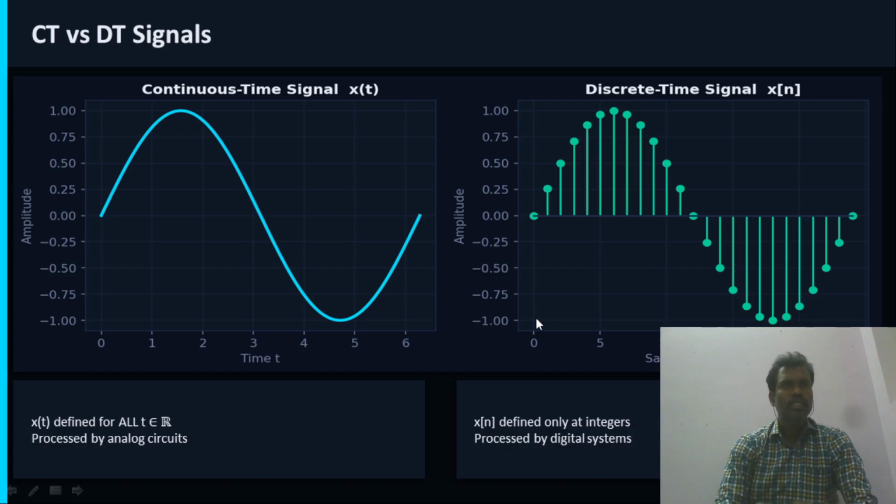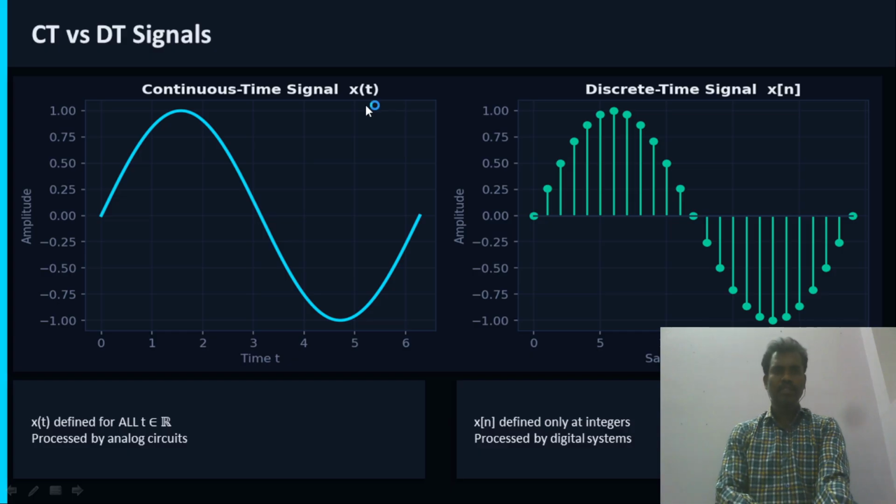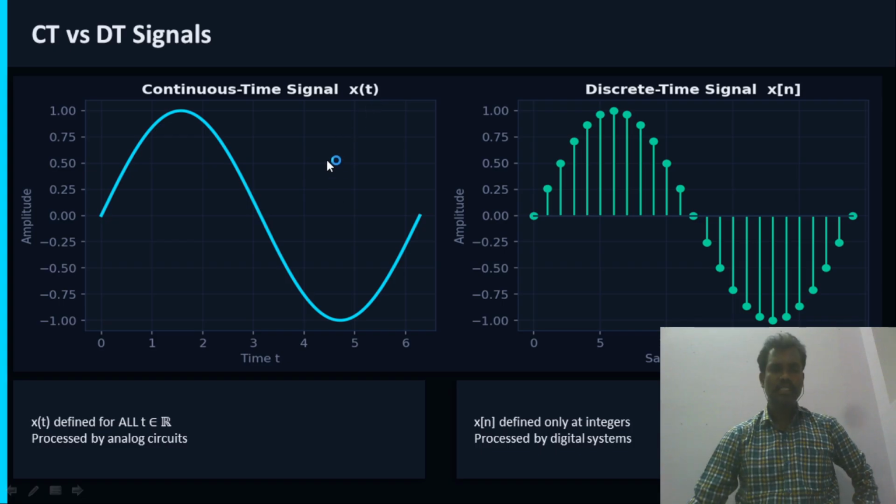We are not going to discuss multiple-dimension signals, that means signals which vary with multiple independent variables. Here the signal varies with only a single independent variable. So we are taking some signal x(t), which varies with time. The independent variable is mainly time. With respect to time, we are measuring the signals.